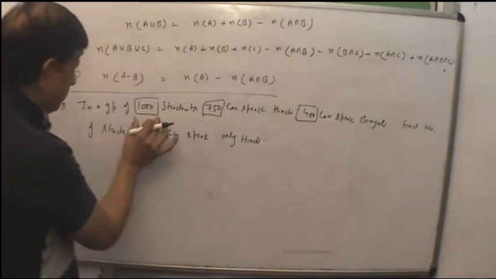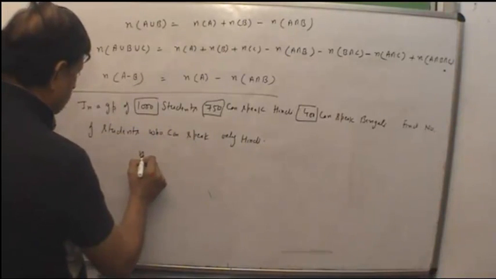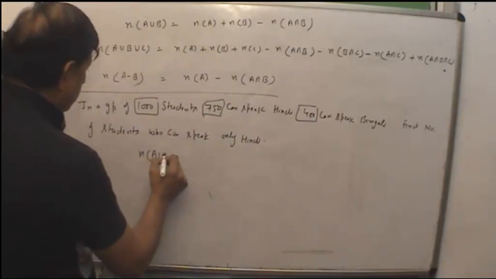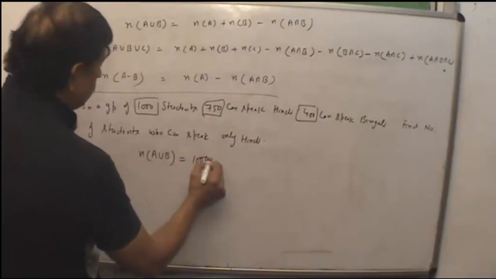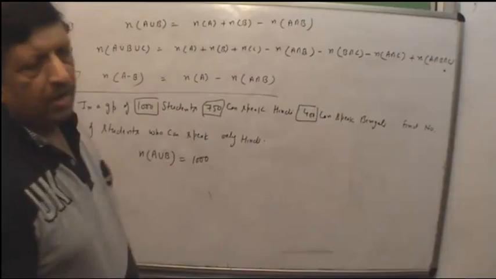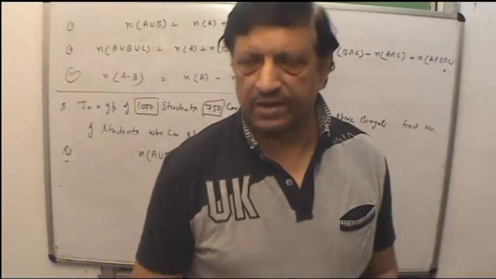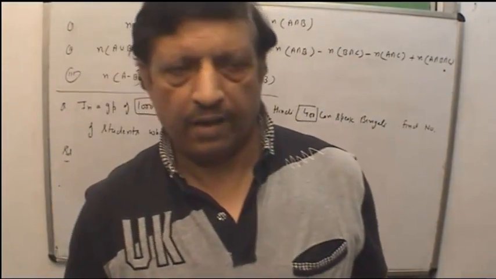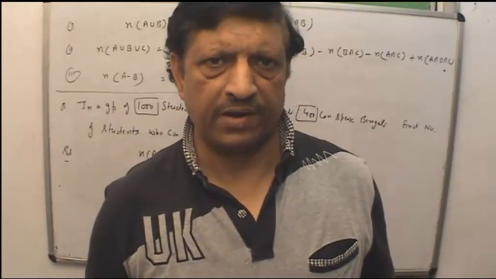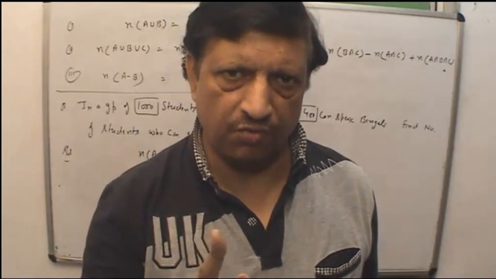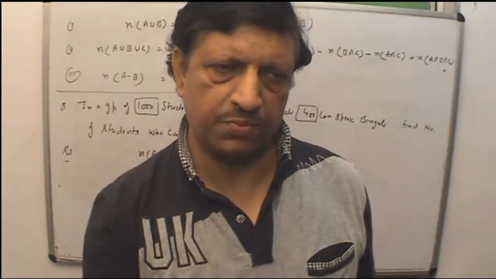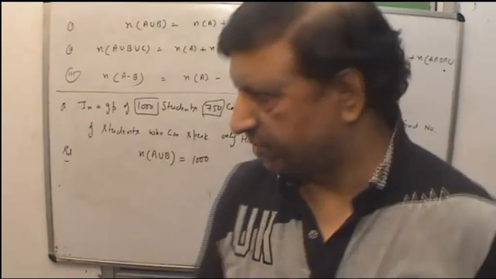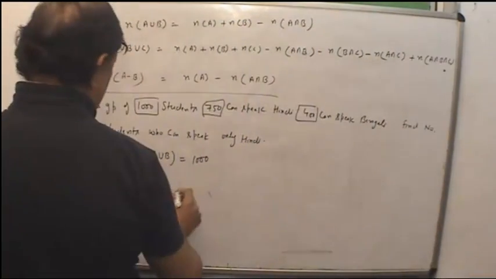It means this 1000 is the union of all the students, and A union B is equal to 1000. Or we can say among the 1000 students, every student can speak at least one language, and there are many students who can speak both languages.